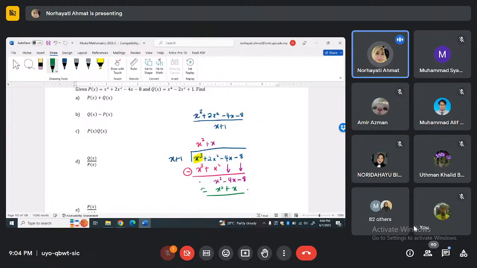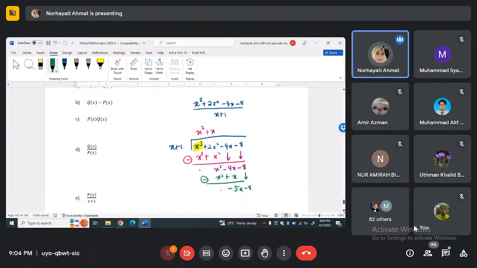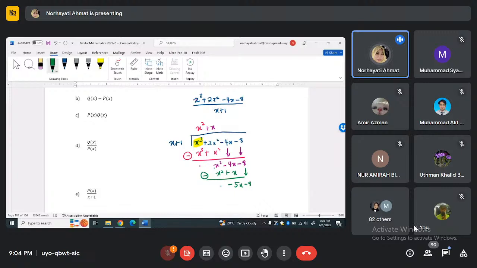Now we do the same operation, minus. So x square minus x square gives us 0. And then negative 4x minus x. Dapat berapa, kelas? Negative 4x minus x? Yes, good. Negative 5x. Alright, and this one we bring down, minus 8. So now we have negative 5x and x.